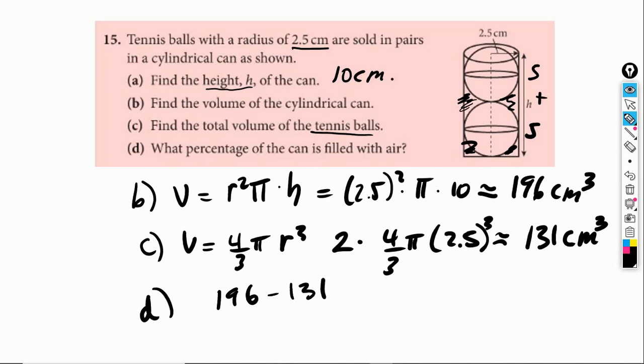But they want us to find out what percentage of the can. This is very similar to finding the percentage of error. We would do this subtraction and then divide by 196, which is the total volume of the can, and multiply that times 100, and that'll give us a percentage. If you do this, you will see that it is approximately 33%.